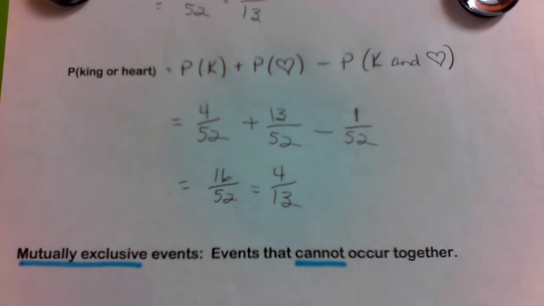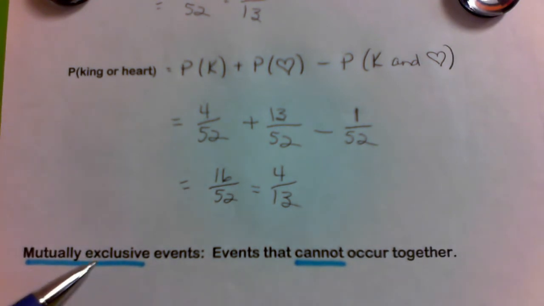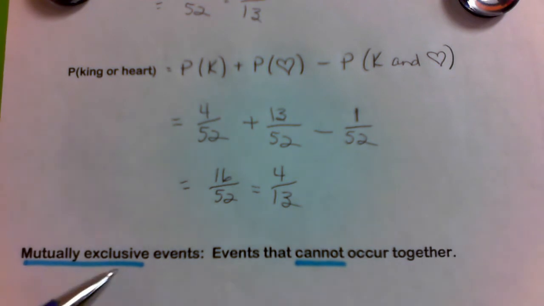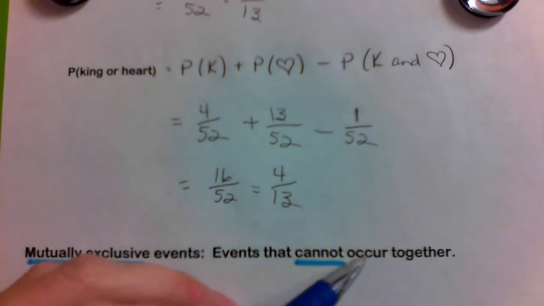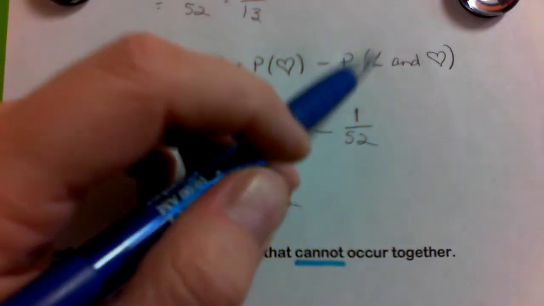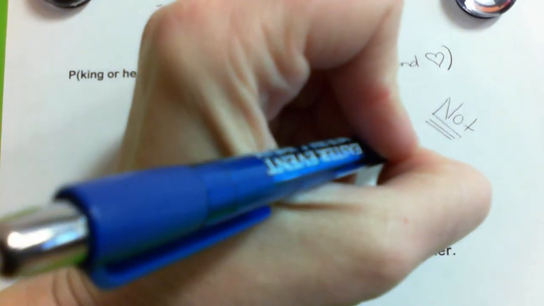Now, this brings up the terminology mutually exclusive. Mutually exclusive events are events that cannot occur together. Well, the king and the heart can occur together, so this is not mutually exclusive.